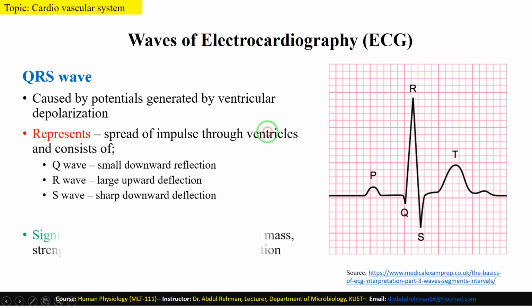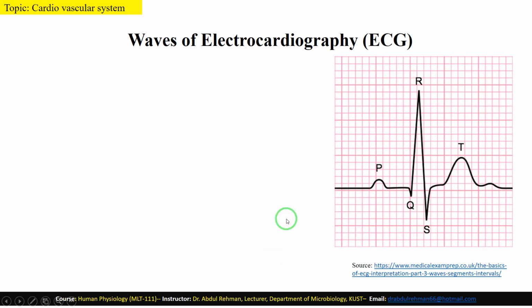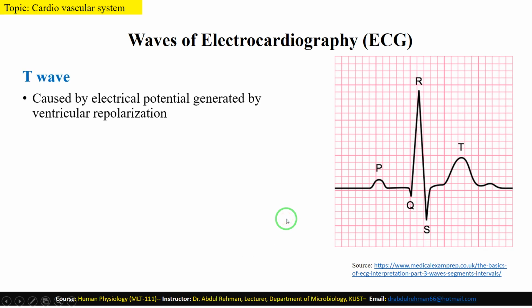And what is the significance of the QRS waves? It gives us information about the ventricle mass, strength of the contraction, and duration of contraction. The last and third wave is the T wave. It is a repolarization wave and is generated by electrical potentials of the ventricular resting stage.